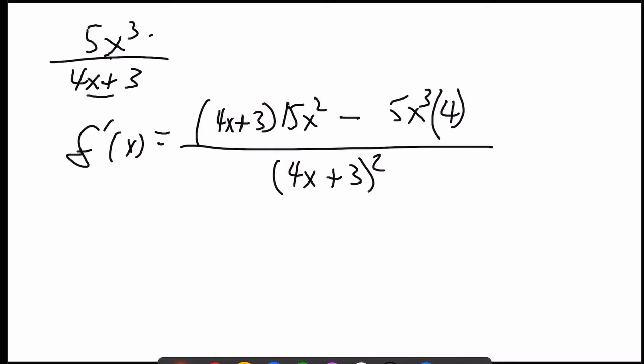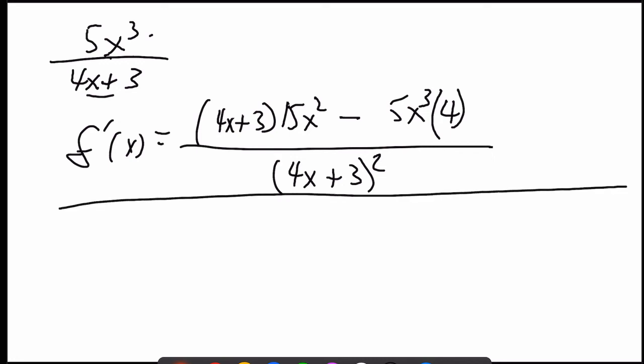We might not make you do the actual one. Do you want to do just a simpler one? So say f of x equals, let's keep the 5x cubed.